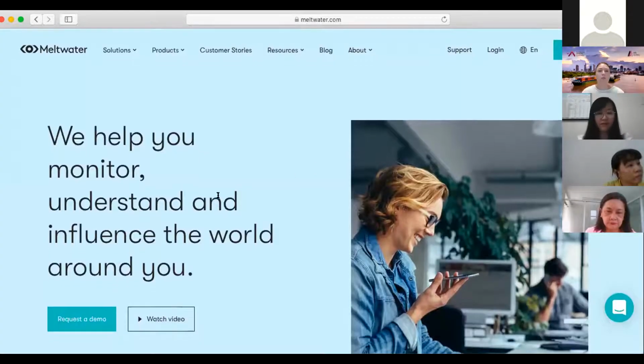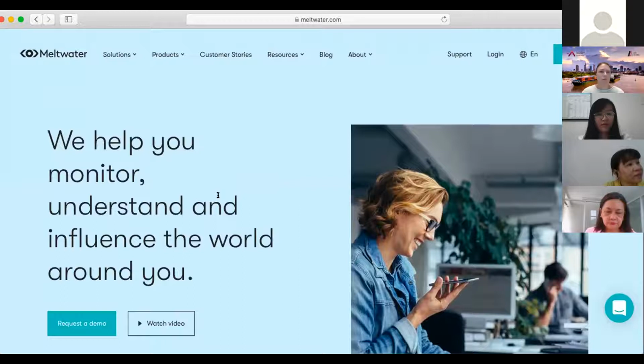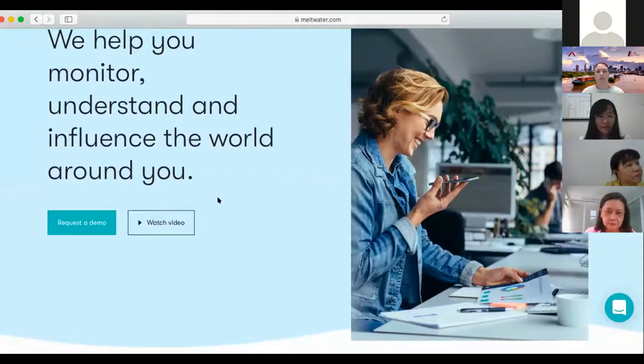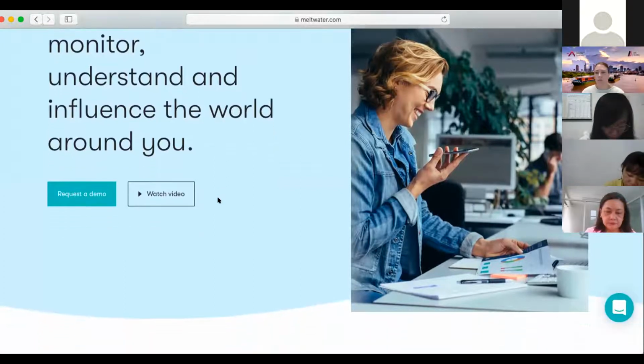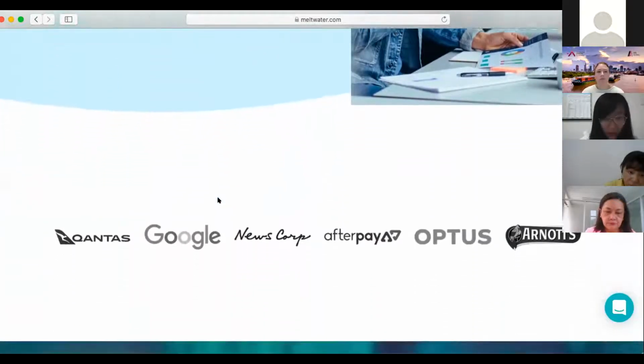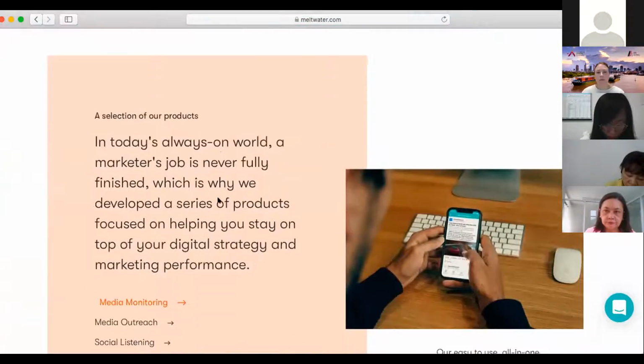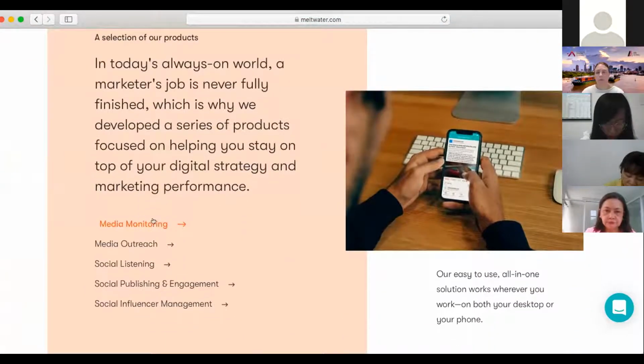This is an organization called Meltwater. Meltwater do what's called media monitoring. They monitor media sources and collect information about what's happening, and you can subscribe to these services to get them to collect particular data that you're seeking.